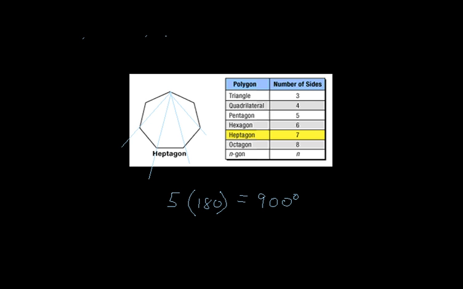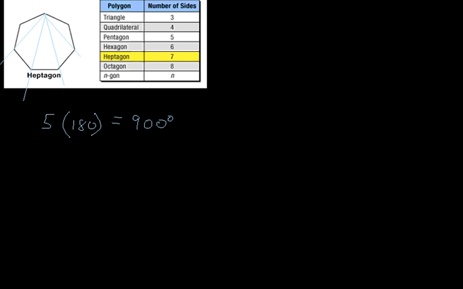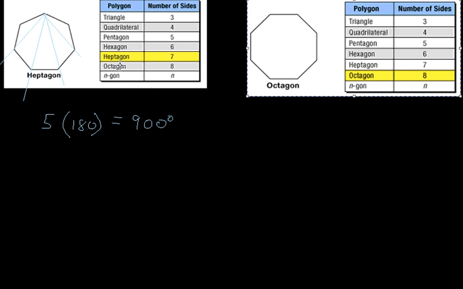Let's try one more. Let's take a look at an octagon. I'm going to see if I can keep as much of the heptagon on screen and throw an octagon right over here. See what we can do with this guy. I'm going to treat it the same way that I did with the heptagon. I'm just going to create lines from one vertex. Let's start right here. The first one that I can create, there's one triangle. Second triangle.